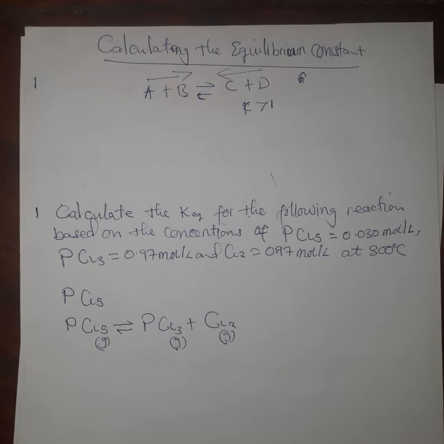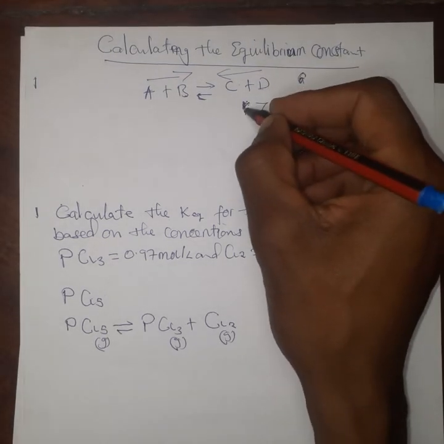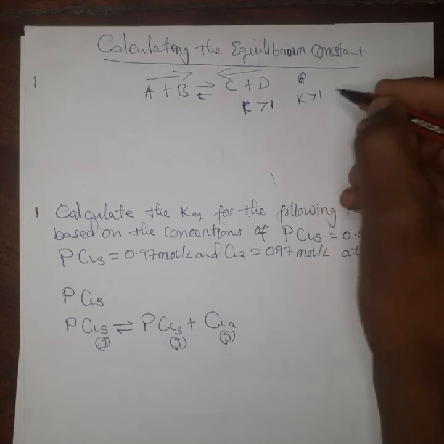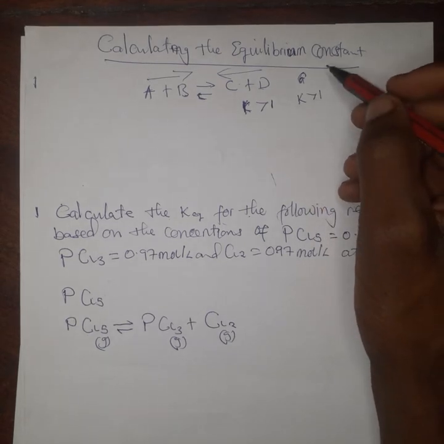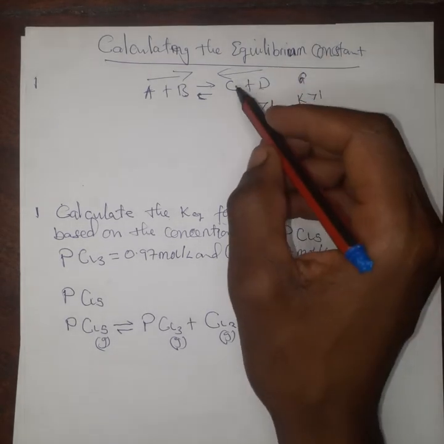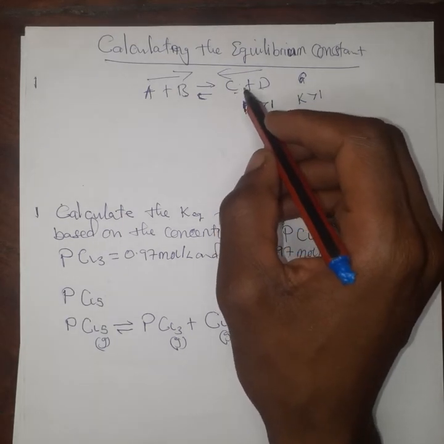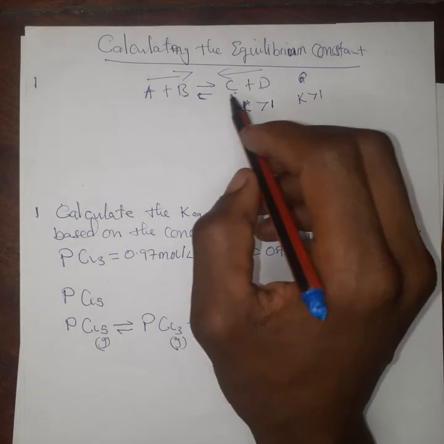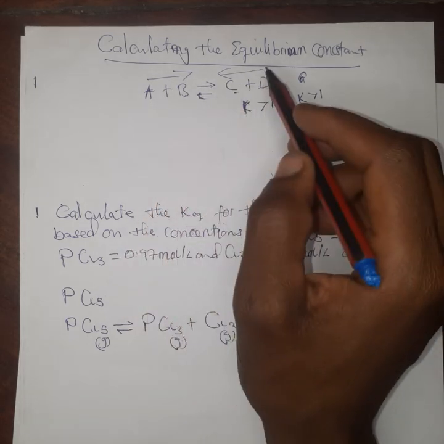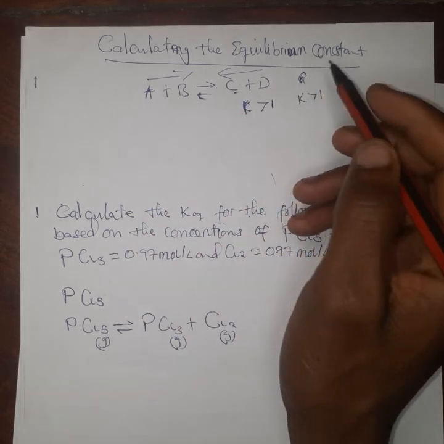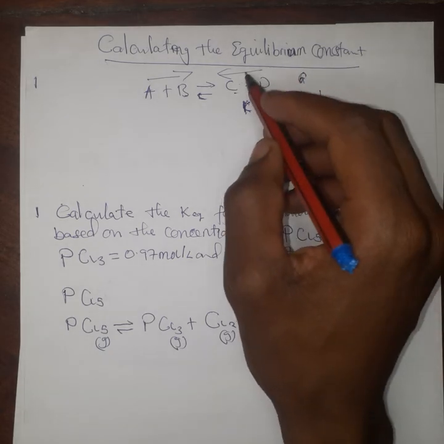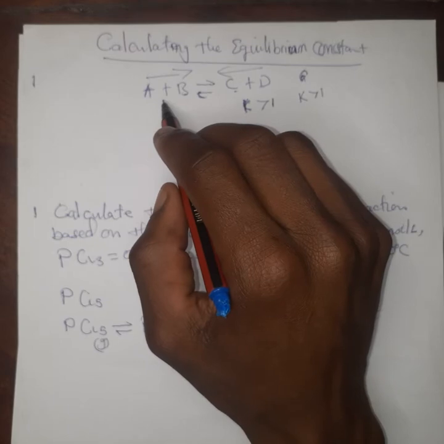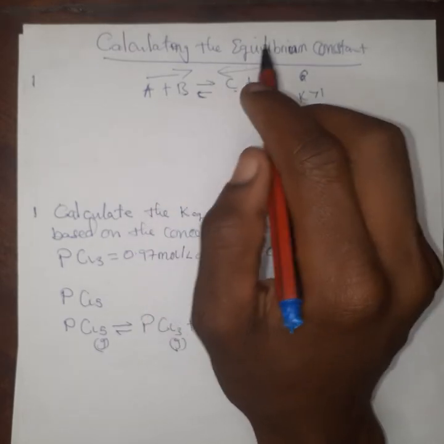So, the size of the constant: when the constant is greater than 1, it means that the rate at which the products are being produced is faster than the rate at which the reactants are being used. In this case, we are going to have a lot more products in terms of concentration compared to the reactants.